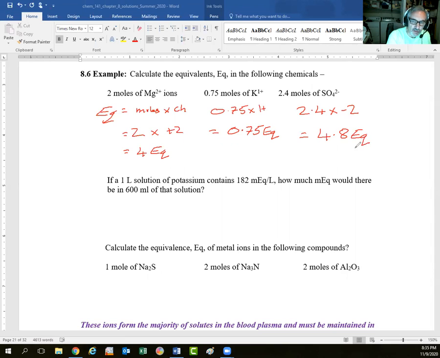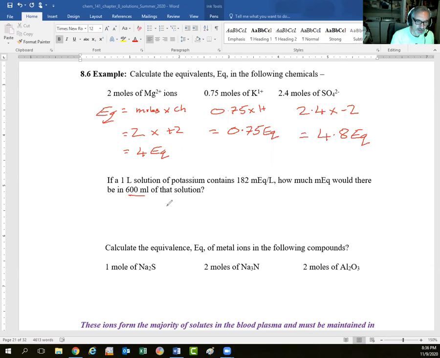Here's the one I was looking for when calculating in milliequivalents. So 1 liter of a solution containing potassium ions, 182 milliequivalents per liter. How many milliequivalents of potassium ions would there be in just 600 milliliters?